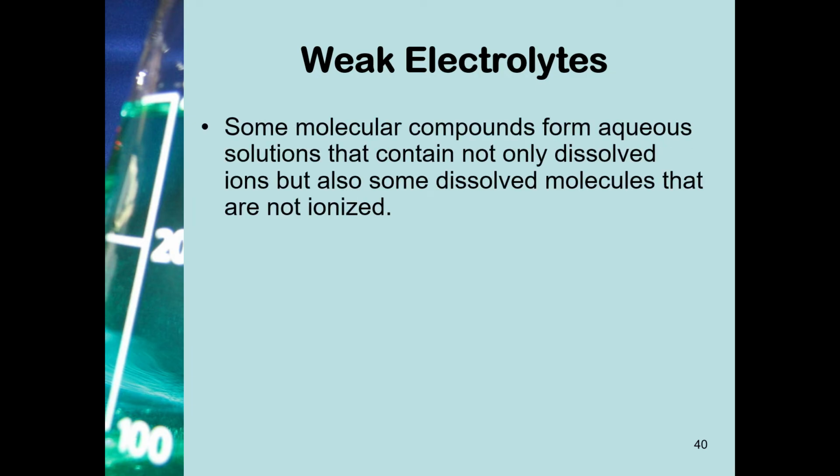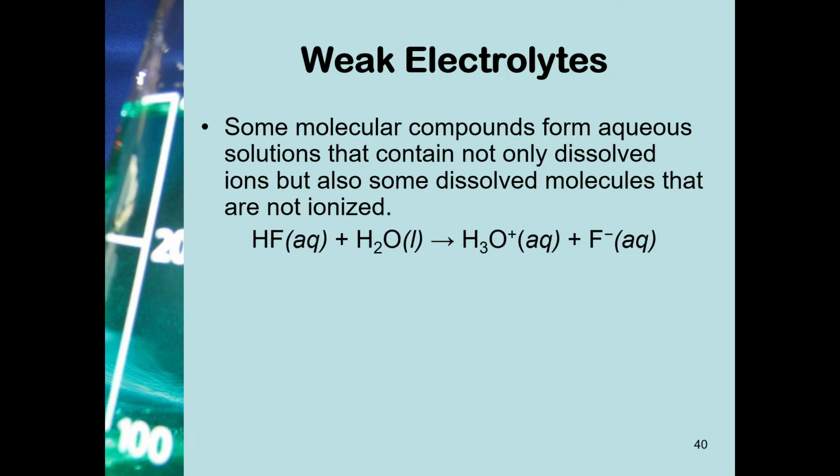Now a weak electrolyte, on the other hand, is going to be some molecular compounds that, when you dissolve them in water, contain dissolved ions, but they also contain molecules that haven't ionized. So you're going to have fewer ions formed because fewer of the molecules have broken apart through the action of the solvent.